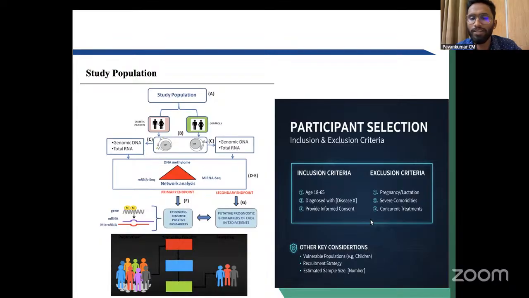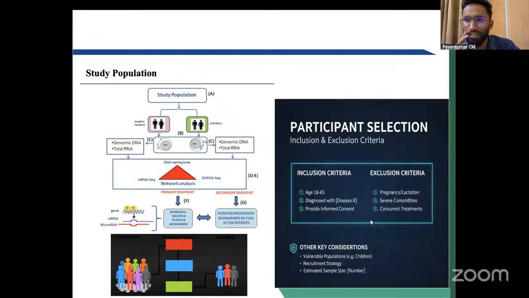At the end of the day, we are going to see the result. And the participant selection is very important: the inclusion criteria and the exclusion criteria, which we mention in all research. That is, age between 18 and 60, a diagnosis of so and so disease, and who is going to provide informed consent.